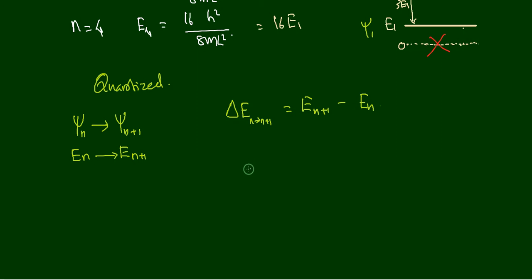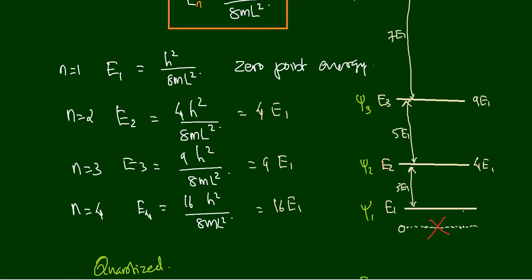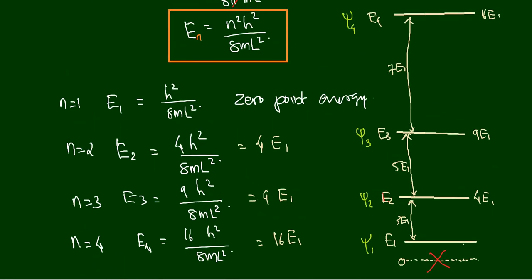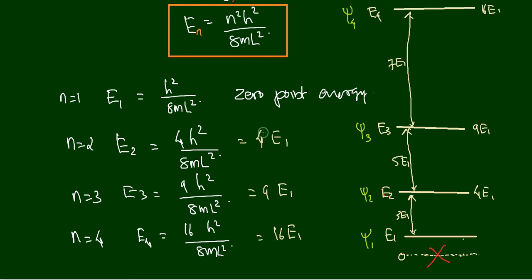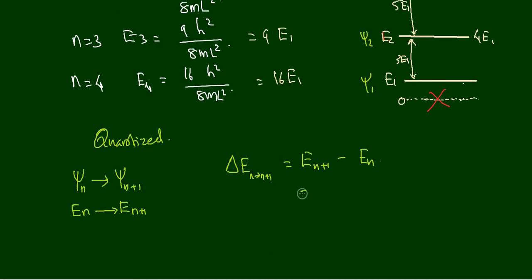That is equal to, energy depends upon n square h square divided by 8 ml square, right? N square h square divided by 8 ml square, or otherwise we can write n square E1. Energy of any state can be represented as n square E1. So let me write it as En plus 1 is equal to n plus 1 square E1, that is the energy of the n plus 1 th state, minus energy of the nth state is n square E1.